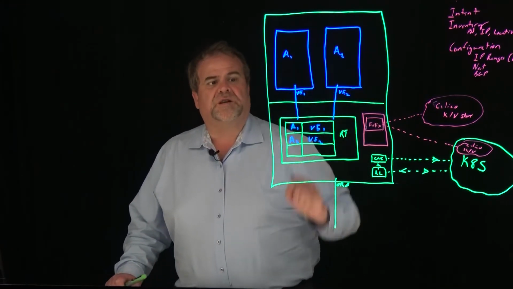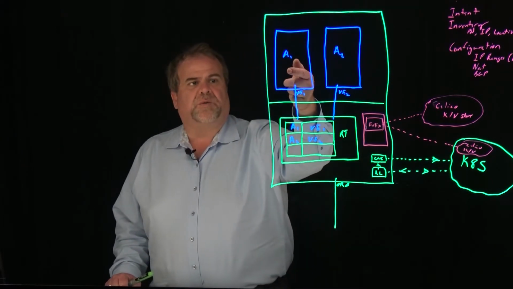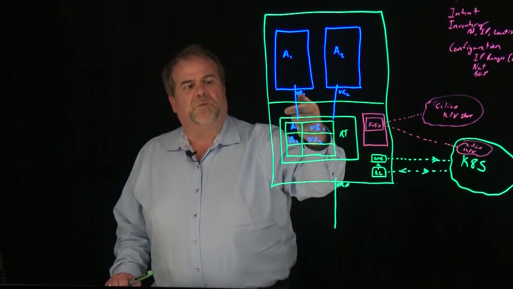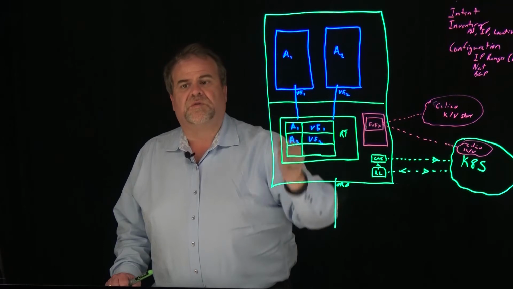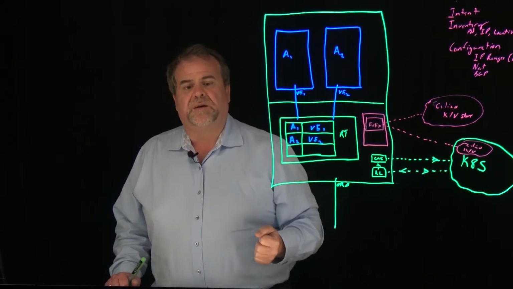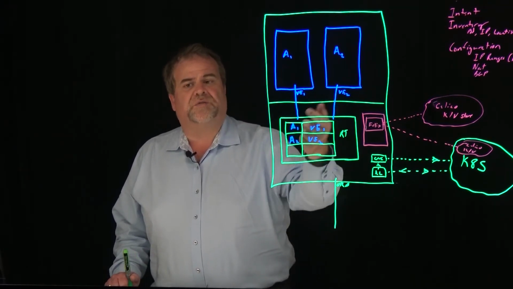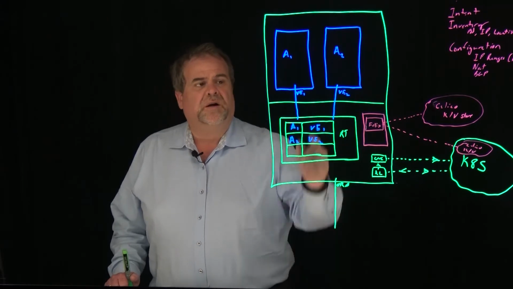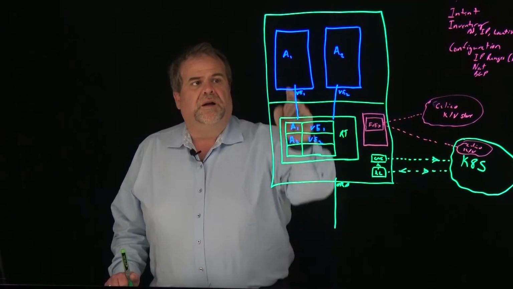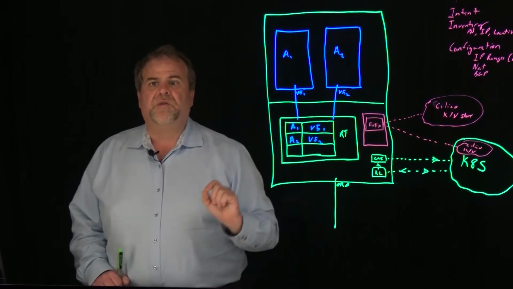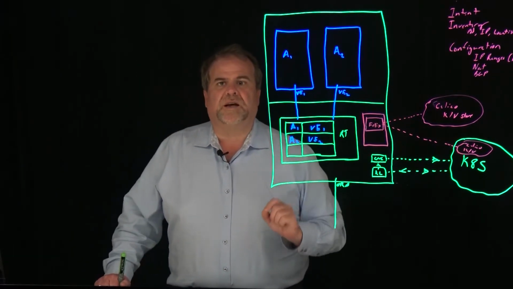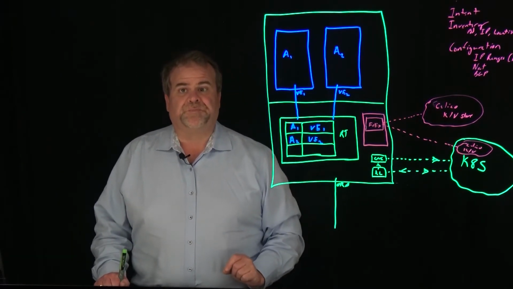If A1 tries to talk to A2, the traffic would be delivered from pod A1 to the underlying host over VE1. It gets looked up in the routing table and says, oh, well, A2 is on VE2, and we'll send the traffic up the virtual Ethernet to A2. A1 and A2 can't talk to anything other than their underlying host, because that underlying host is their next hop router.